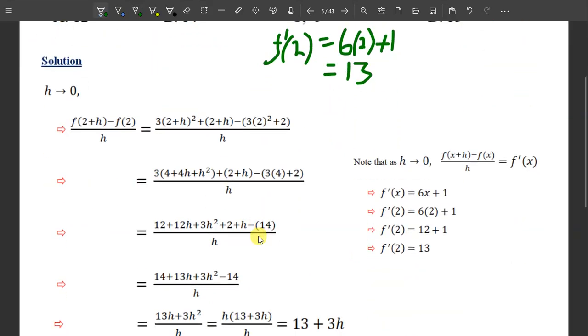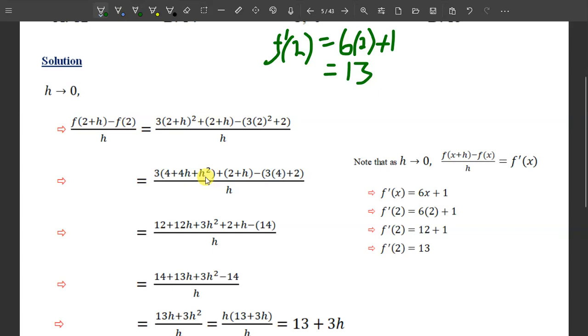For 3 into (2 plus h) squared, first square the 2, it becomes 4, then multiply 2 and h and again by 2, which becomes 4h, and then plus h squared. That's it. 2 plus h the whole squared equals 4 plus 4h plus h squared.